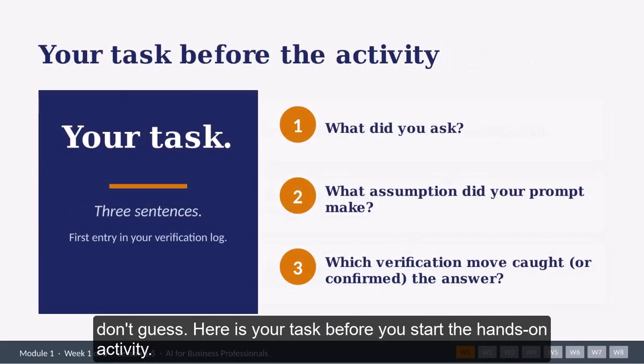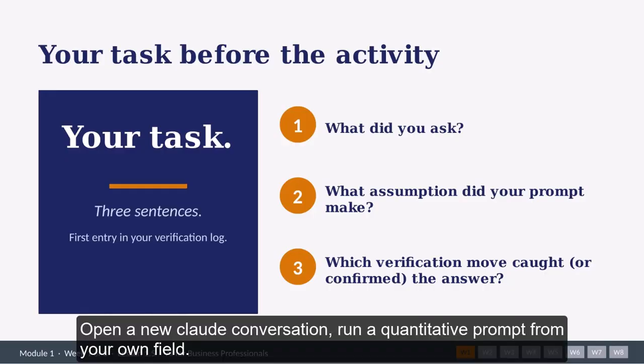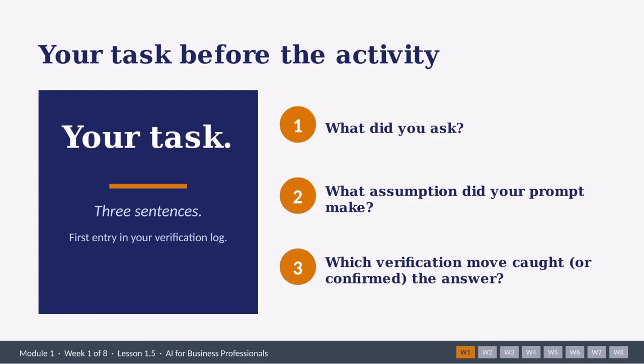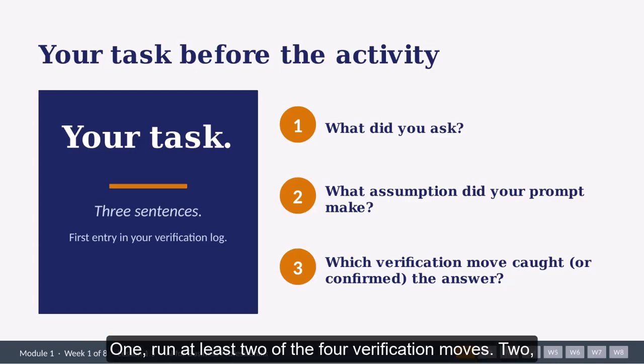Here is your task before you start the hands-on activity. Open a new Claude conversation. Run a quantitative prompt from your own field, a calculation, a projection, an ROI. Then do two things. 1. Run at least 2 of the 4 verification moves. 2.